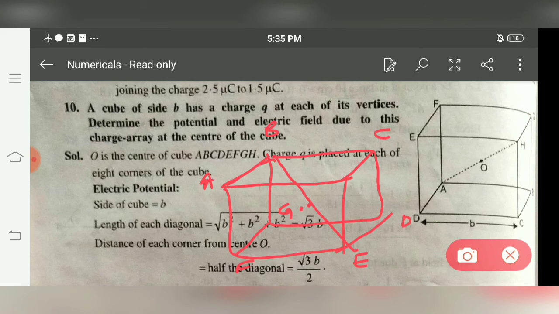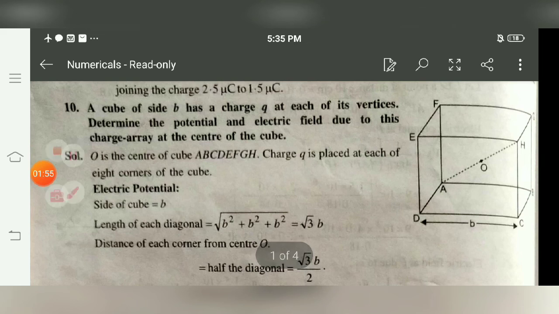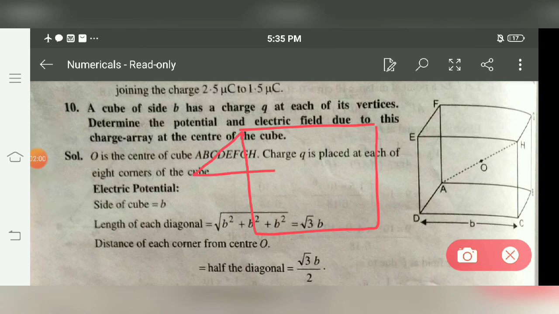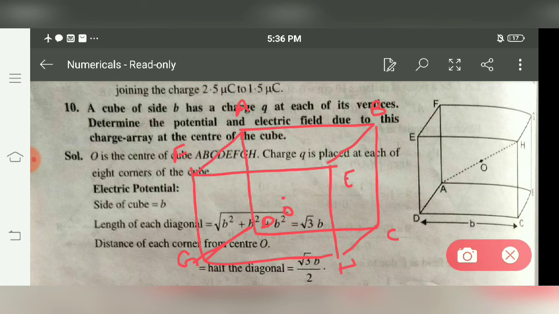Let me draw it again. Let this be the center. A, B, C, D, E, F, G, H.